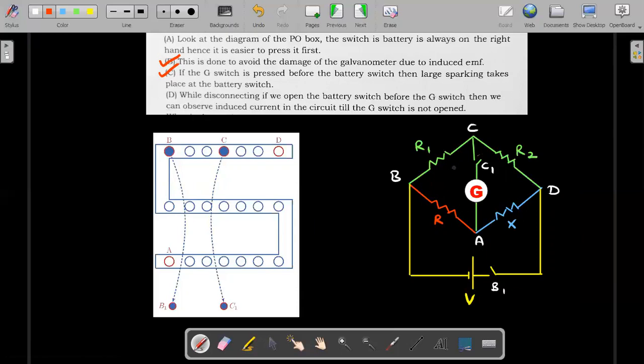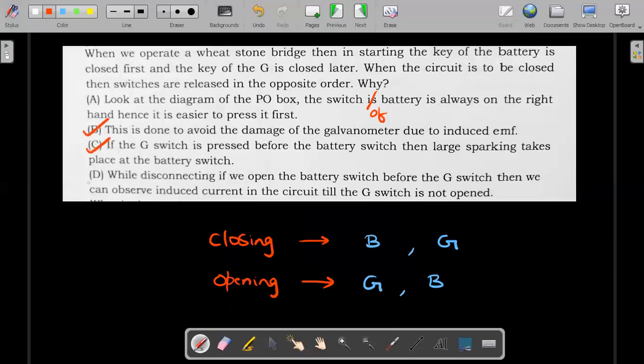If you open the galvanometer, nothing will happen. But if you open the battery switch, current is reducing from a high value, again di by dt will be there. So the thumb rule is to avoid di by dt, the rate of change of current. So option D as well. The answer should be B, C and D. Okay, so let's move on.